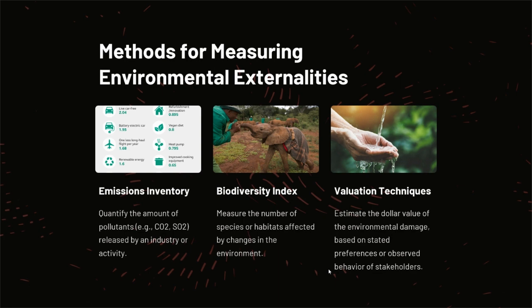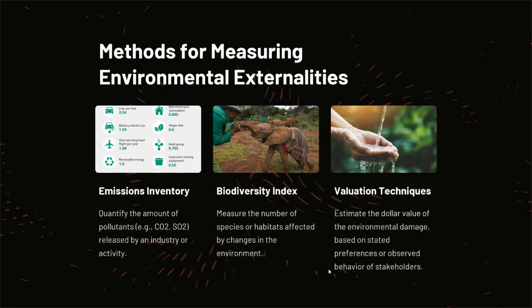That's for measuring environmental externalities. Emission inventory: if any vehicles which we are going to use are electric, petrol, diesel, whatever, the emissions going out from the houses are also part of this emission inventory. It quantifies the amount of pollutants, for example carbon dioxide, sulfur oxide, released by an industry or activities.